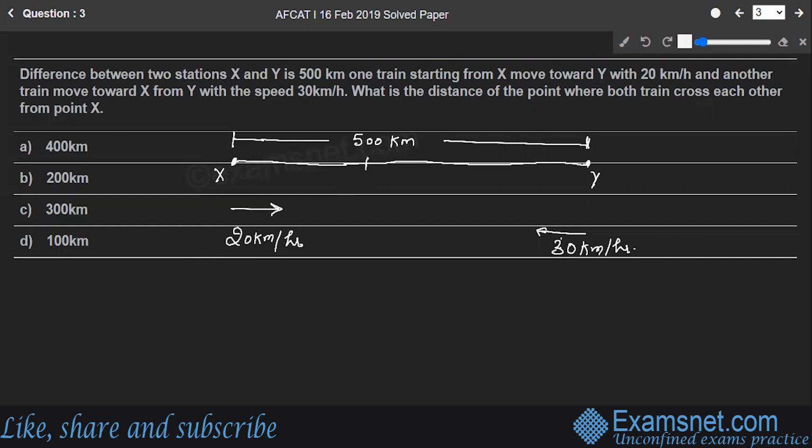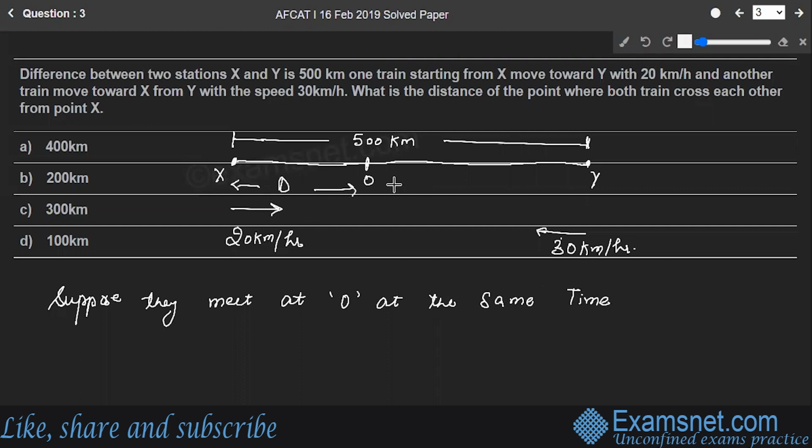So let's say that they meet each other at this point. Let's suppose they meet at O at the same time, right? You have to find out this distance D. So if this is D, this has got to be 500 minus D, right?